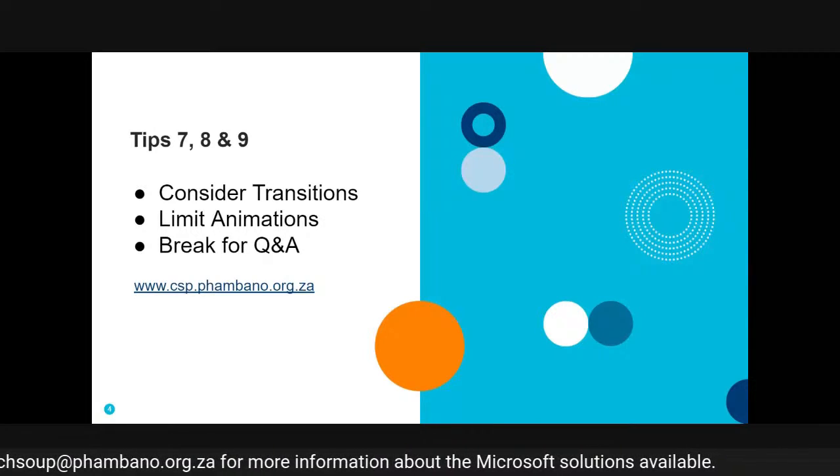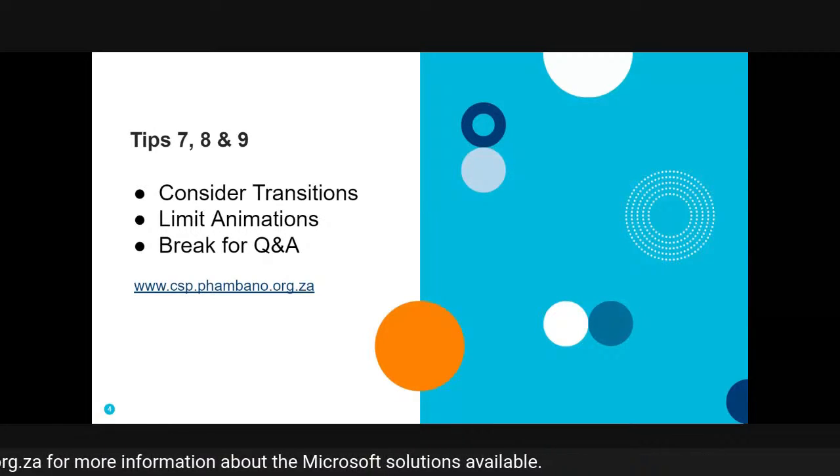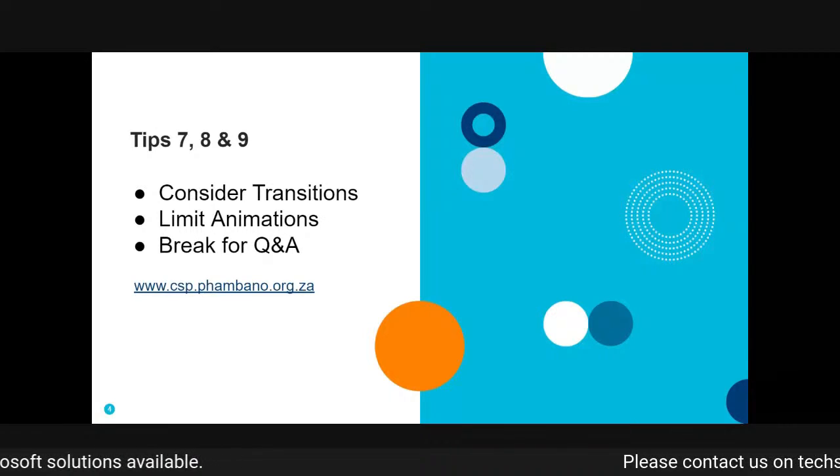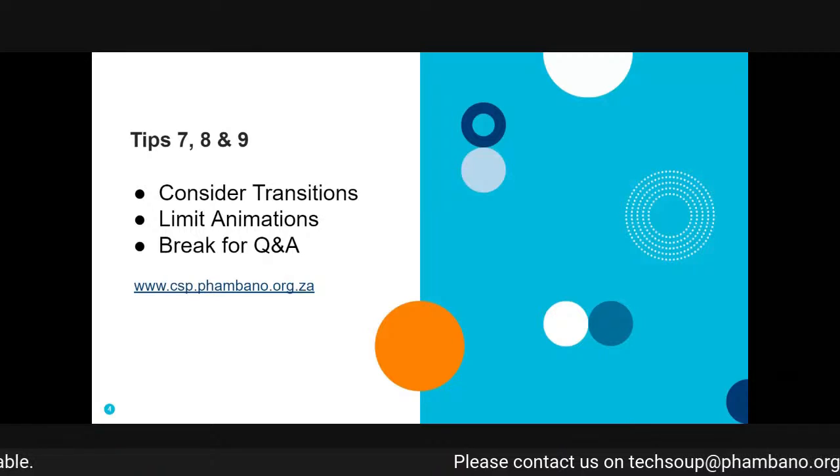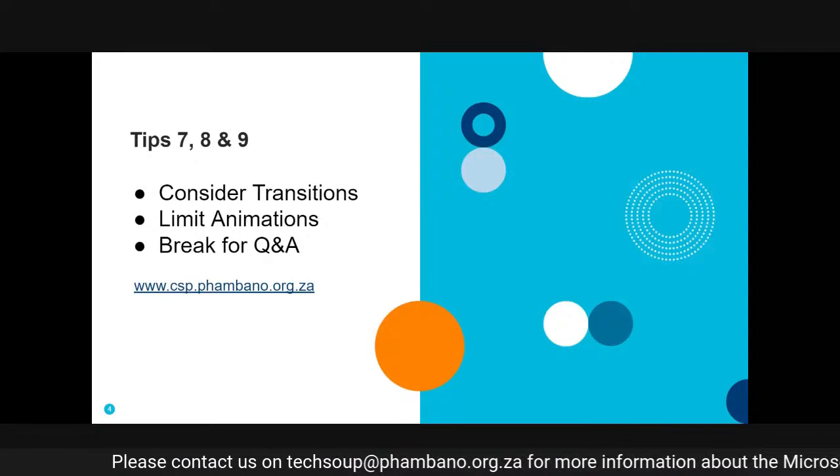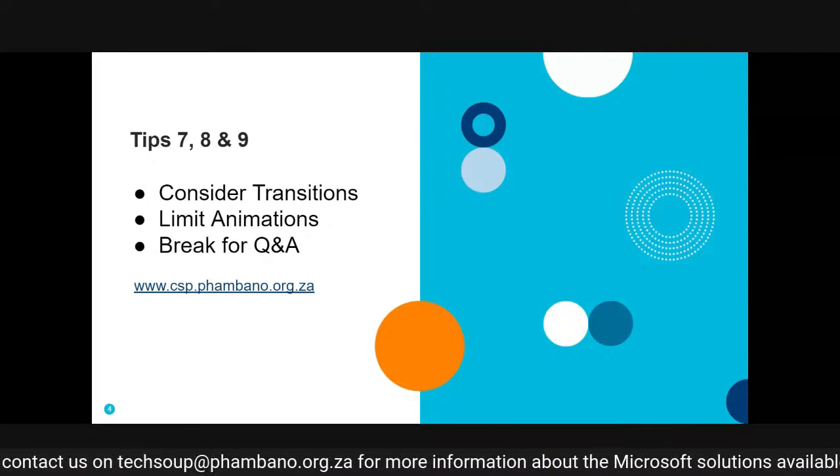Added to that, you don't want to be all out with your animations. Please do limit your animations. Reason for that is that sometimes animated items on your slides can easily break the cadence of your presentation.